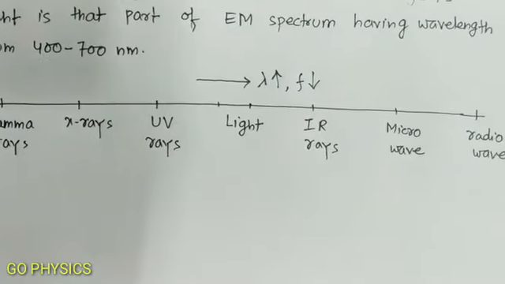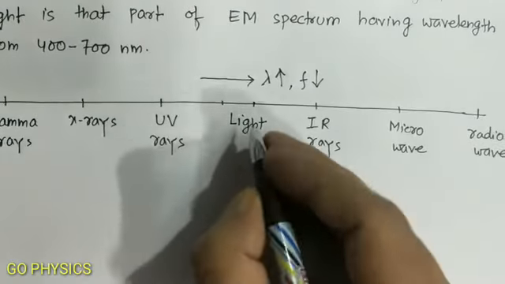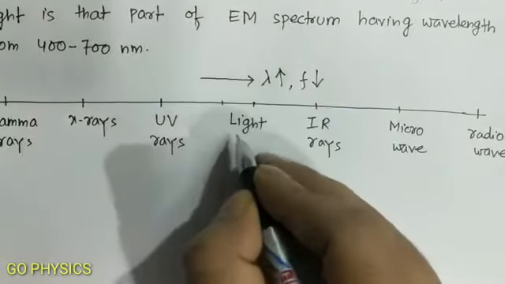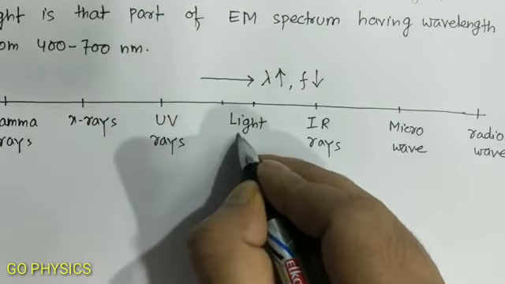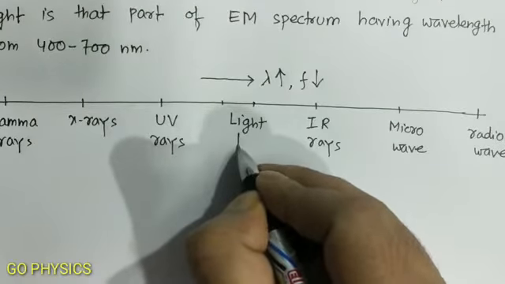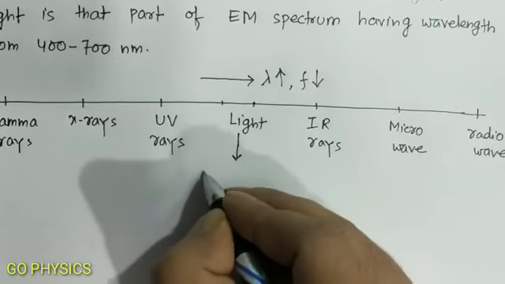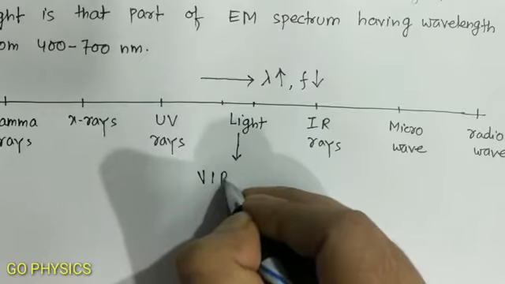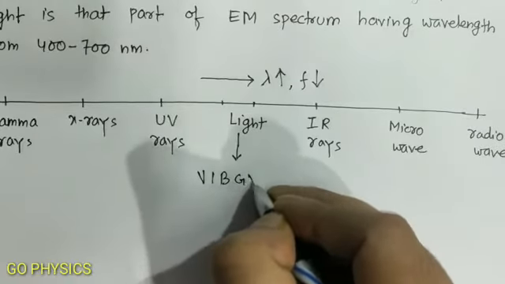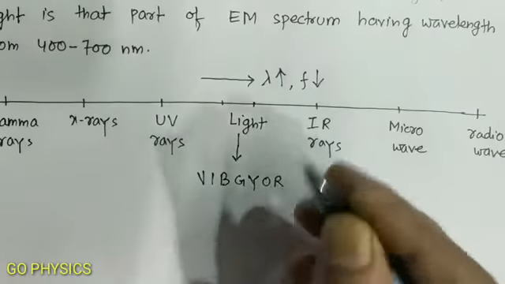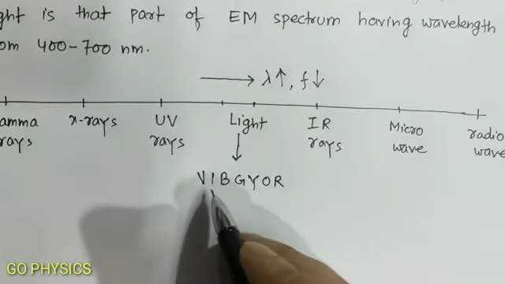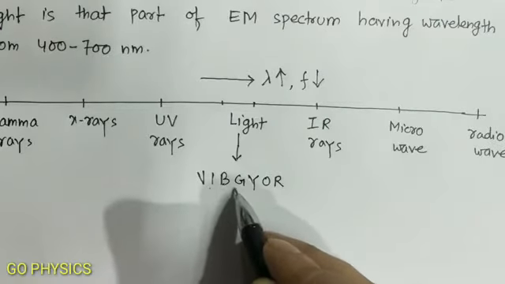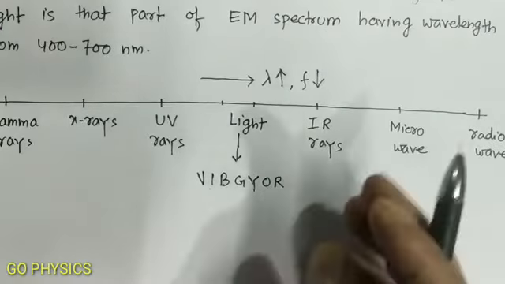And we know that light consists of 7 different colors. We say it VIBGYOR, that is violet, indigo, blue, green, yellow, orange and red.